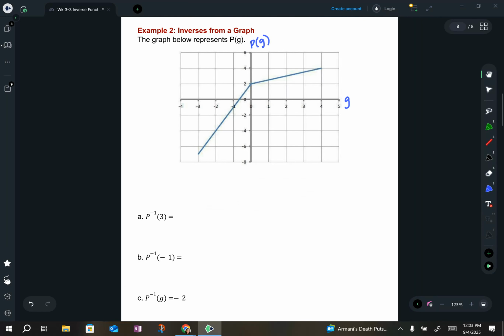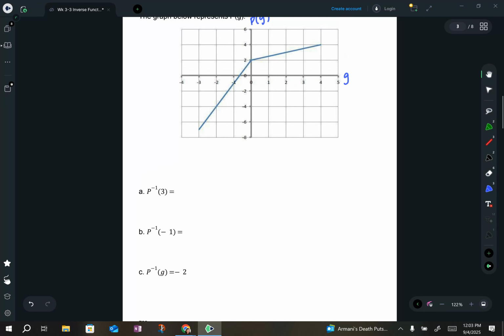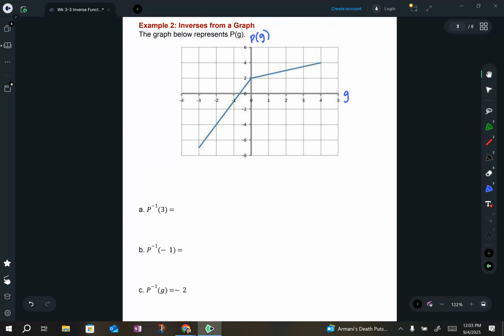So to help me figure these out, I'm going to zoom out just a little bit farther. It helps me to first find a few values of p, just to get a feel for this function. So off to the side here, I'm just going to fill up a little table with g and p of g, looking at some values.